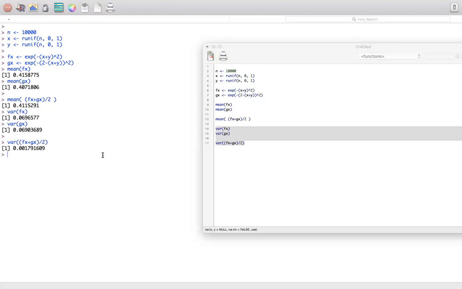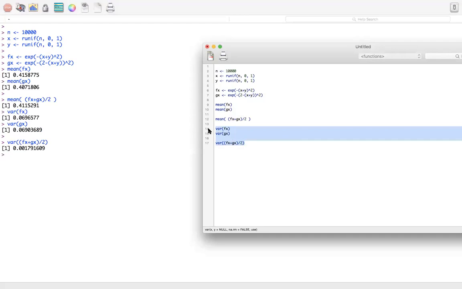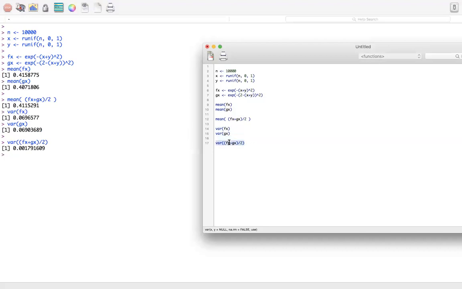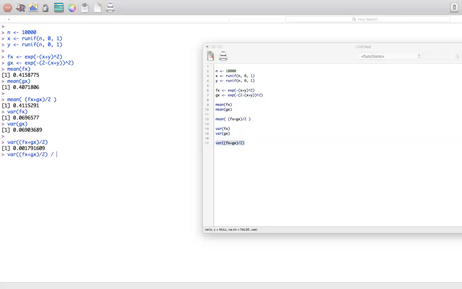The amount of decrease is this variance divided by either one of the variances.